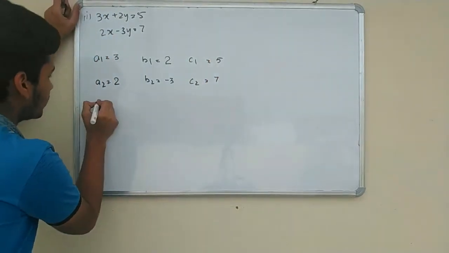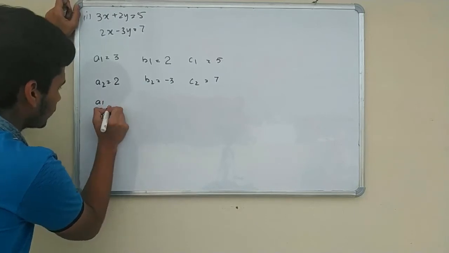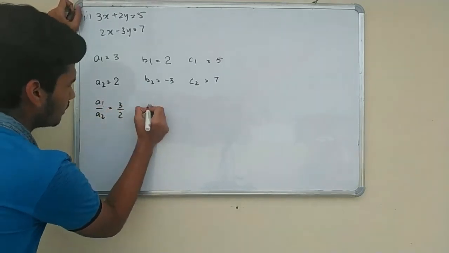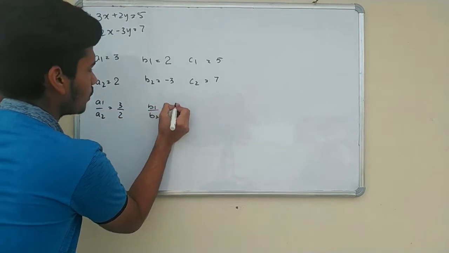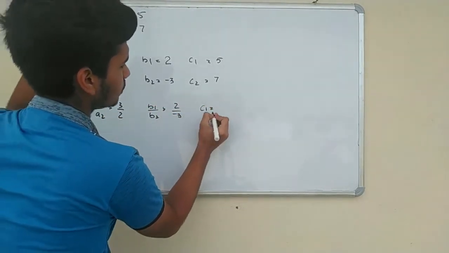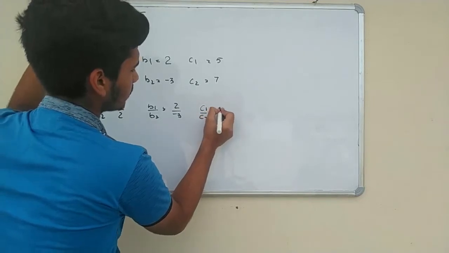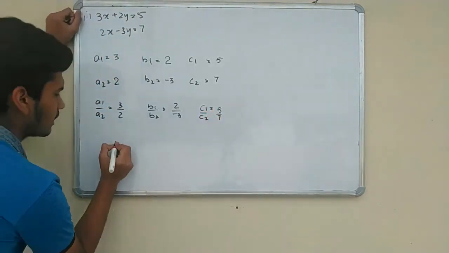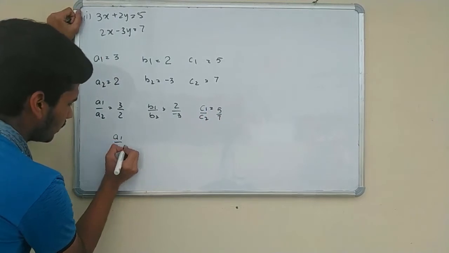Now if we take the ratios, a1 upon a2 is equal to 3 upon 2, b1 upon b2 is equal to 2 upon minus 3, and c1 upon c2 is equal to 5 upon 7. So as we can see, all the three ratios are unequal.